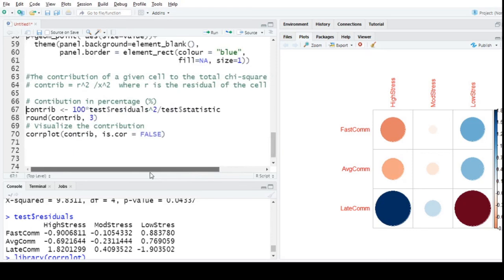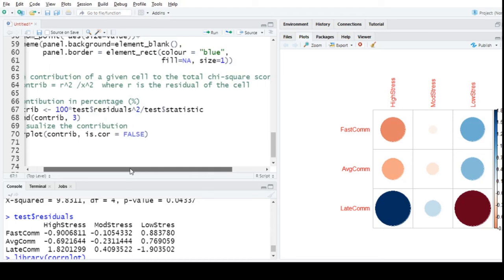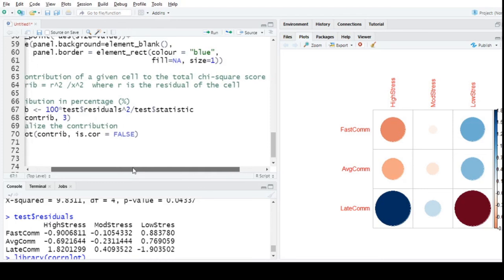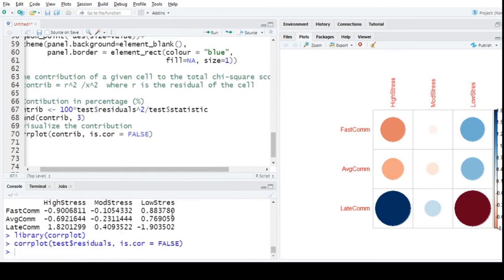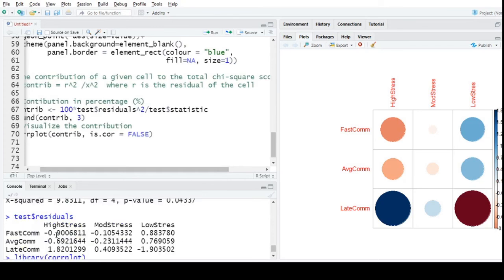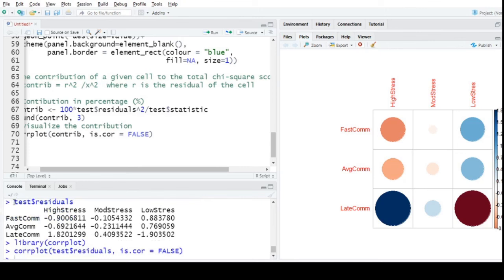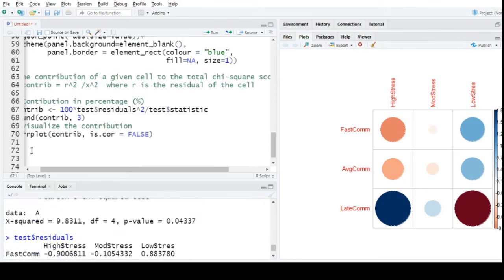So what is the contribution of each cell? If you want to plot and visualize it, you can do that too. The contribution is equal to r squared divided by chi-square, where r is the residual of the cell. Each cell has this residual. If you look below in the console, let me show you once again, test residual.